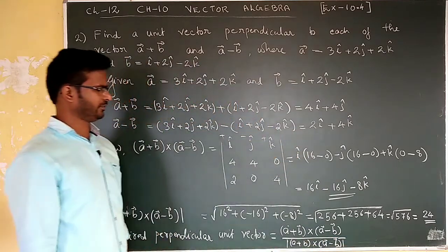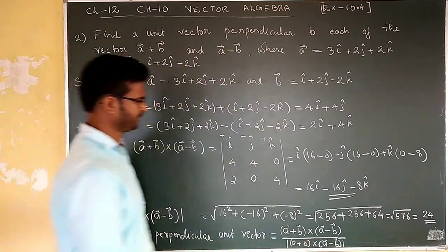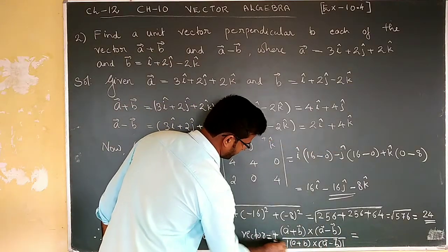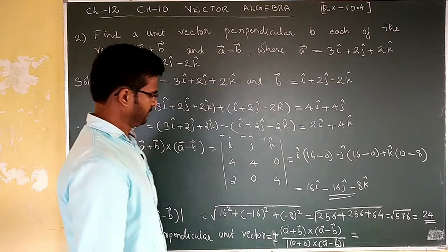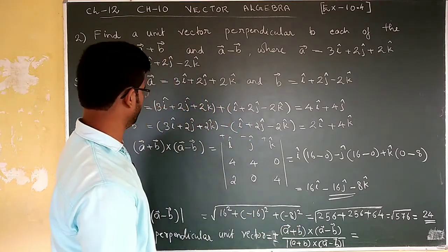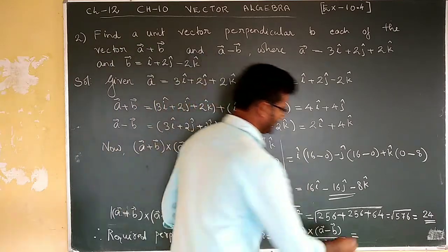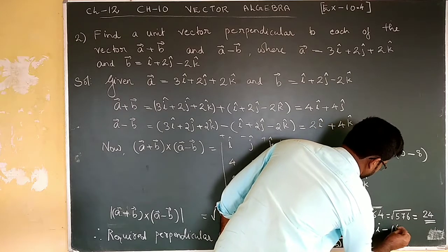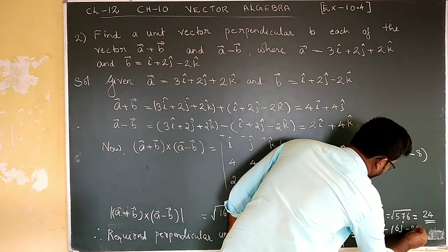Just like that we can find the unit vector, we have to use plus or minus. What is this? A plus B vector cross A minus B vector, this, isn't it? 16i minus 16j minus 8k.